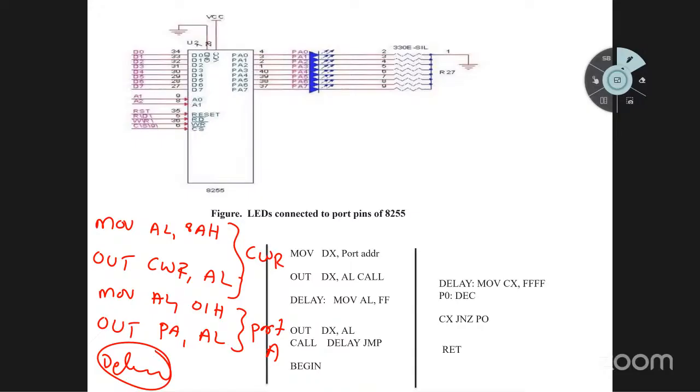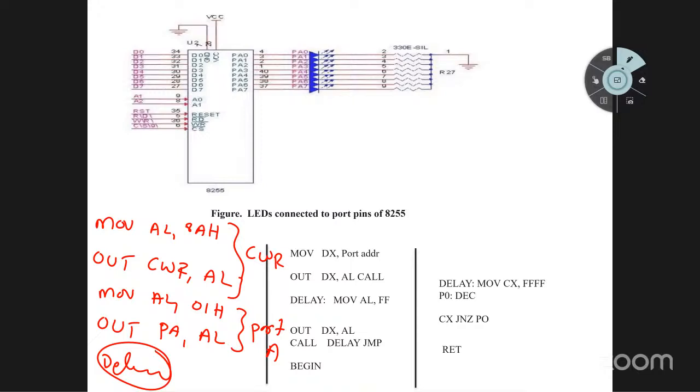Everyone draw the simple LED structure, the same way. Draw the interfacing diagram of LED, write it in the question, yes.